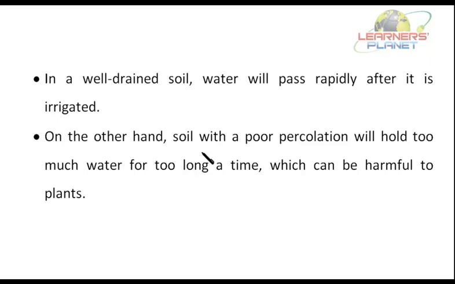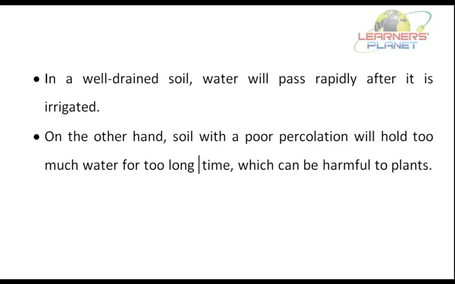On the other hand, soil with a poor percolation rate will hold too much water for too long a time, which can be harmful to plants. If there is much water available which is not required by the plant, then it can become harmful. Therefore, this percolation rate plays a very important role. It is a very important property.